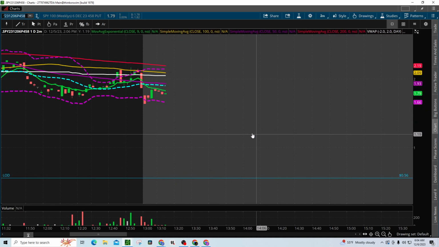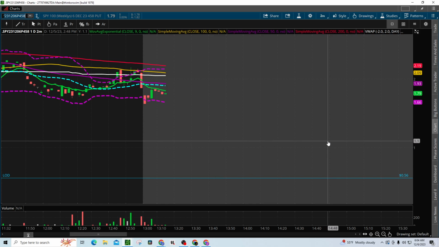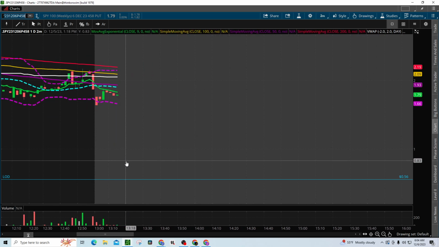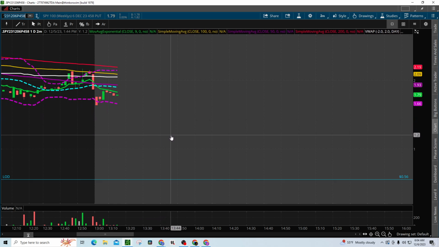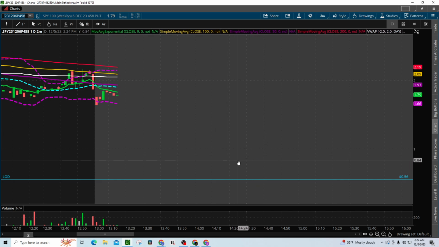These are going to come down. And we cannot buy puts until this 2-minute mid comes down, and then it begins to flatten out and then starts to go back up. That would be the earliest time you can buy it.